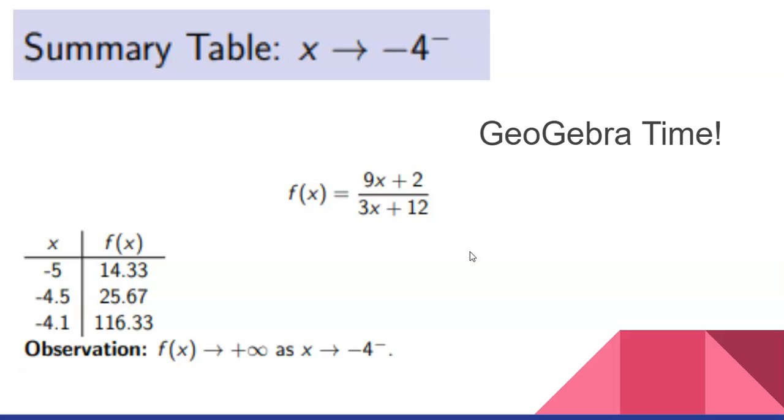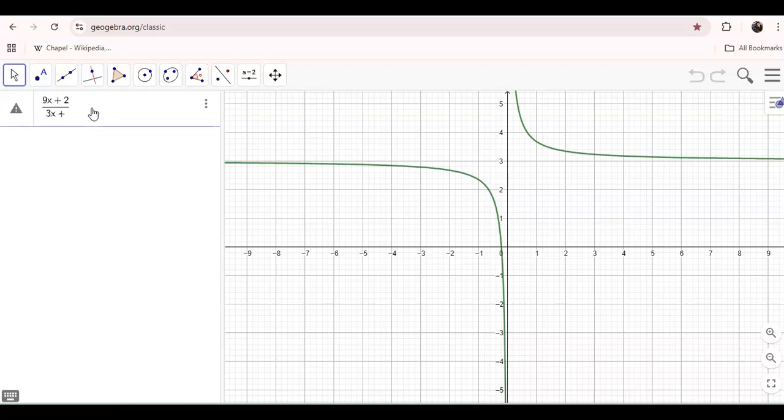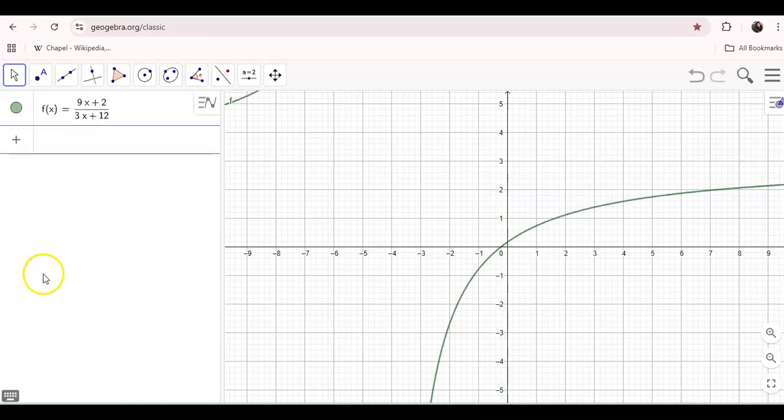So we're going to examine the following values: -4.001, -4.00001, -4.0001. Okay, so let's do that. Alright, so we type the function. And then we're just going to have f of -4.001.